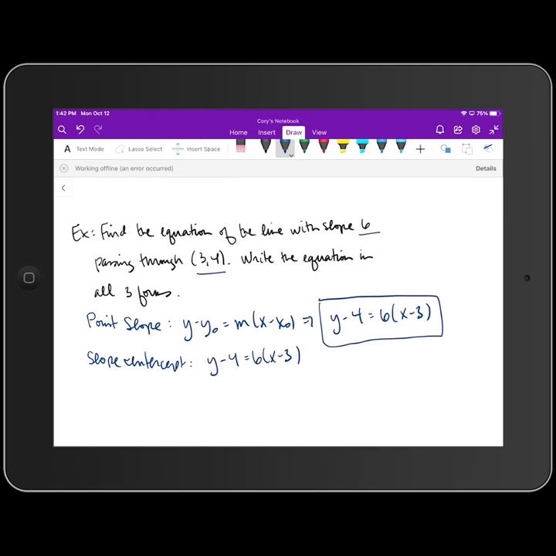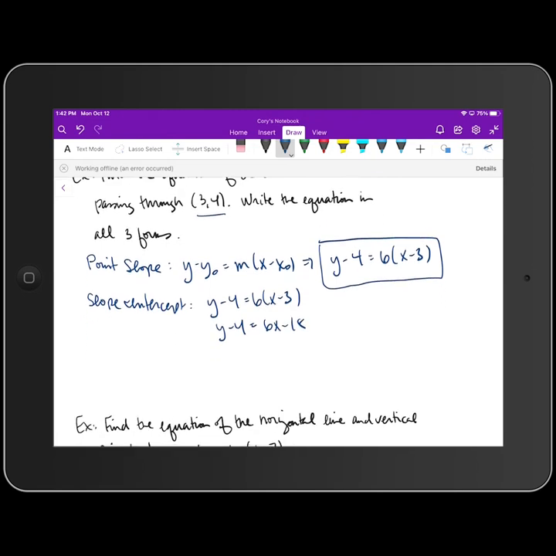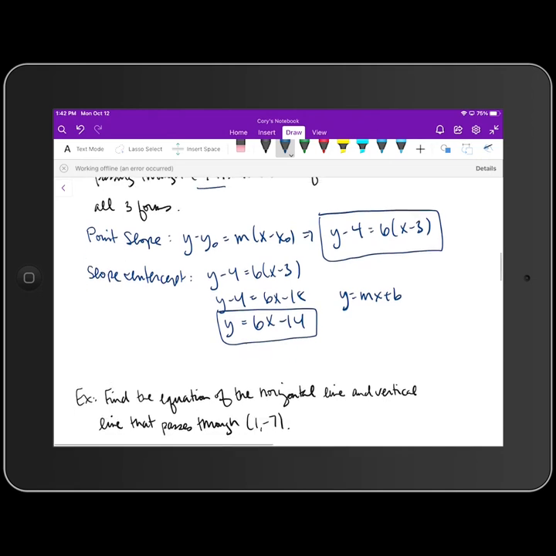Okay, so when I distribute 6 on the right-hand side, we get y minus 4 equal to 6x minus 18. Then I'm going to add 4 to both sides, and that's going to be y is equal to 6x minus 14. Okay, so again, that slope-intercept form, that's of the form y is equal to mx plus b.